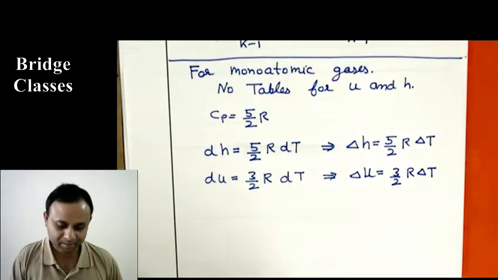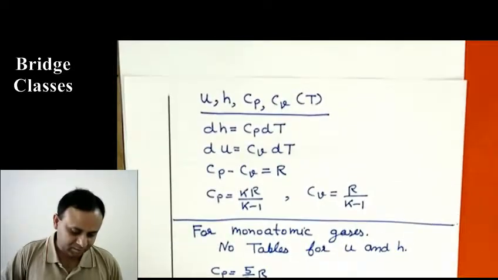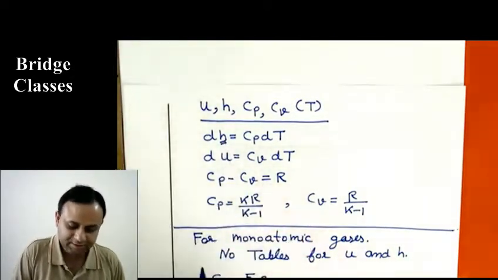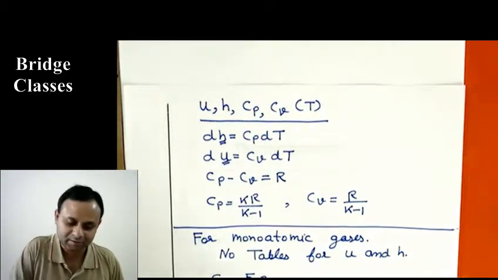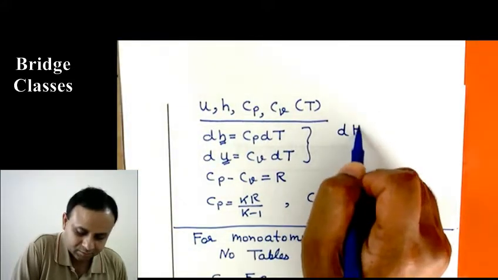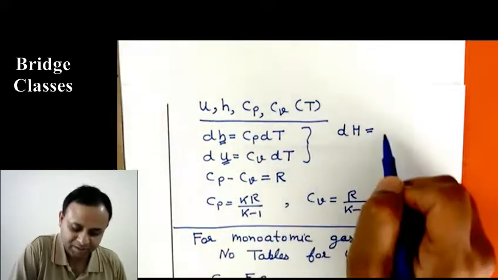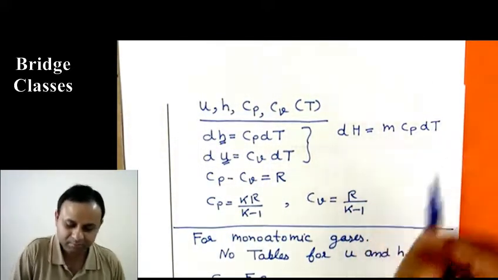Another thing you must note is that in these equations, this is lowercase h. This is change in specific enthalpy, change in specific internal energy. So if you want to write dH, the change in total enthalpy, you have to multiply it with mass. It will be m Cp dT.